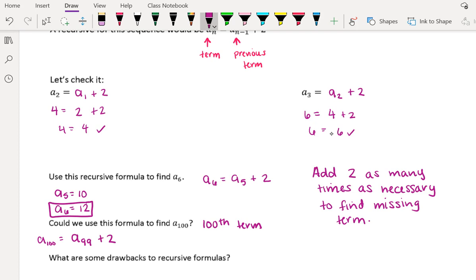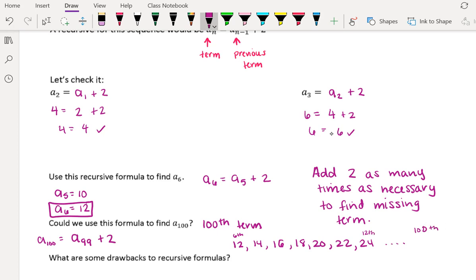The next closest term I have is the 6th term. So I could keep going. I could say, all right, the 6th one is 12. Then I know 14, then 16, then 18, then 20, then 22, then 24. All right, that's the 7th, 8th, 9th, 10th, 11th, 12th. That's only the 12th term, and I need to get to the 100th term.